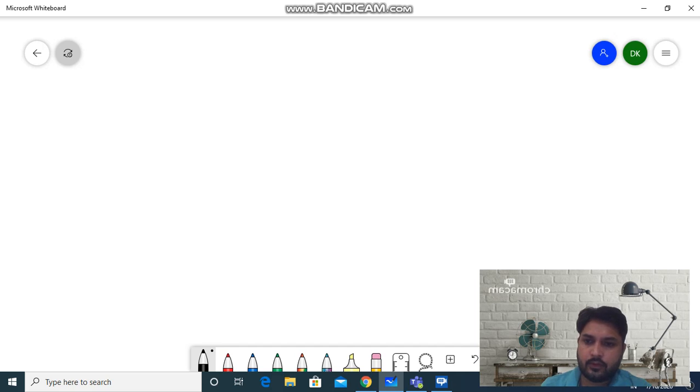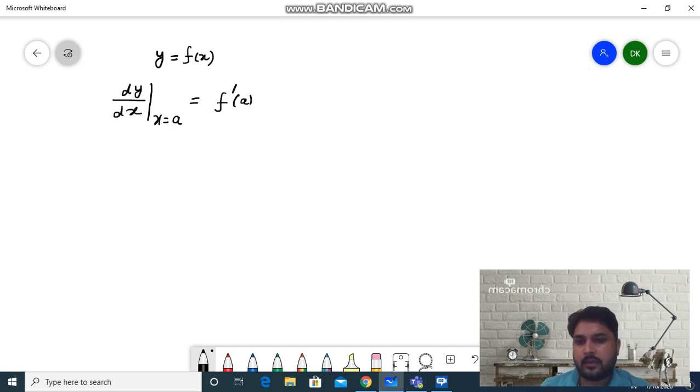So we know that if y is equal to f(x) is a function of one variable, then the derivative is denoted by dy/dx at point x equal to a, or sometimes we write it as f dash a, and the value of f dash a is equal to the limit as h tends to 0 of f(a plus h) minus f(a) upon h.